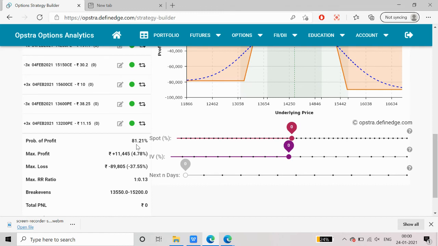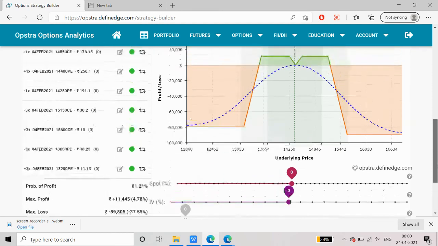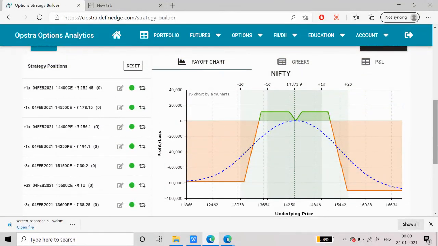So Iron Condor has a lesser probability of profit and smaller break-evens. A modified butterfly gives you a wider probability of profit range coupled with wider break-evens. That's why I like this trade better. So this is called modified butterfly.